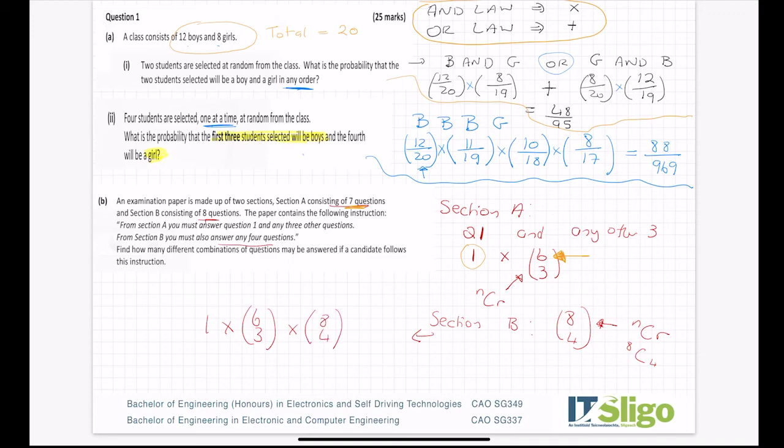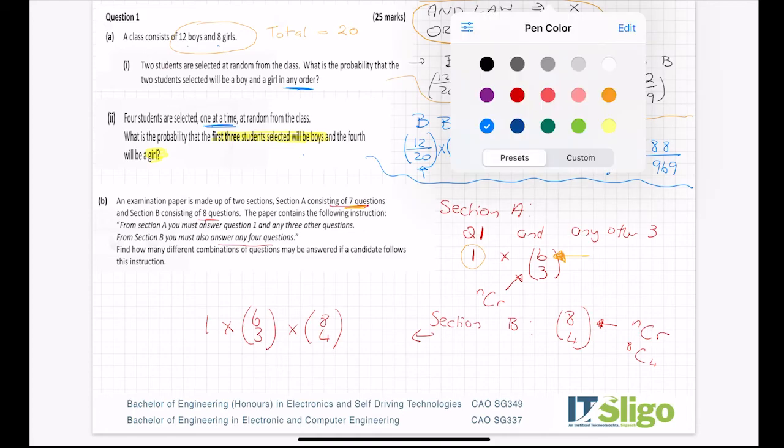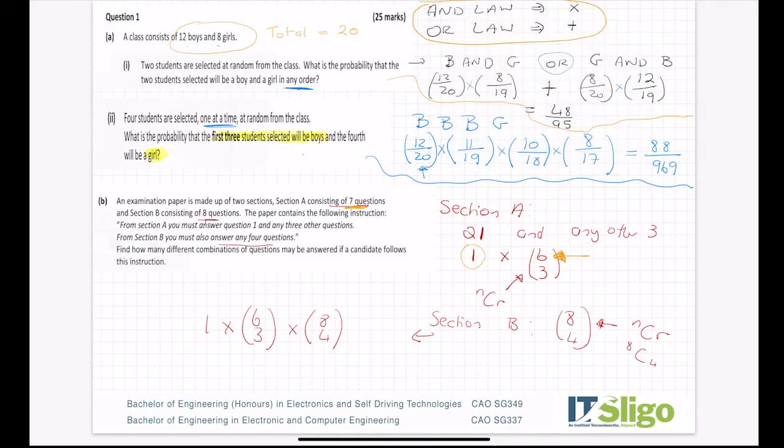Why multiply? Because it's question 1 and 3 from the other 6 and 4 from 8. So look at that word and, which means we multiply. And if you put that into your calculator, you should get 1400 combinations.